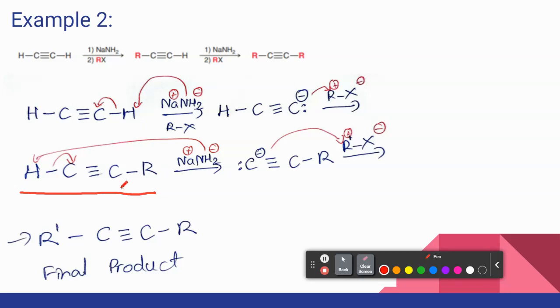This is the first step, and in the second step, the strong base is going to attack the proton or hydrogen the second time, and we get the alkynide ion, and then the alkynide ion acts as a nucleophile and attacks the alkyl group from the alkyl halide right here, which in this case is R prime, and at the end we get the final product, which is the internal alkyne.